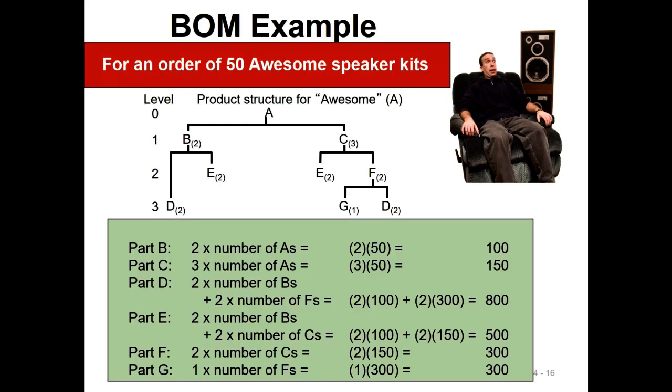But how about the other D? D also depends on how many Fs, which depends on how many Cs. See, this is a kind of chain reaction. To make Fs, F's are related to C. So for 1 C, you need 2 F. So how many Cs do we want? 150. 2 F per C means 300.